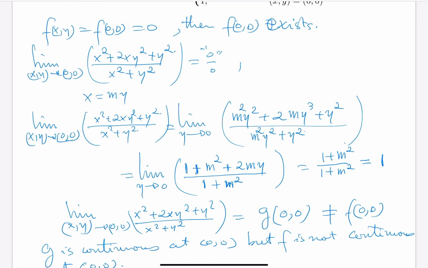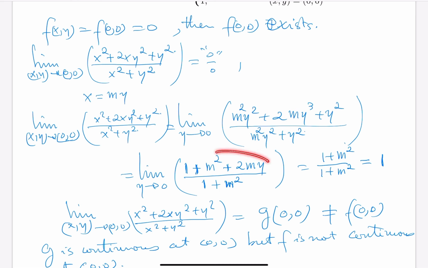If you choose the path x equals my, the limit when x and y approach (0,0) of that function means we will have only one variable, which is y, and y has to go to 0. So we have this one. And now we can cancel out the y squared, the top and the bottom.